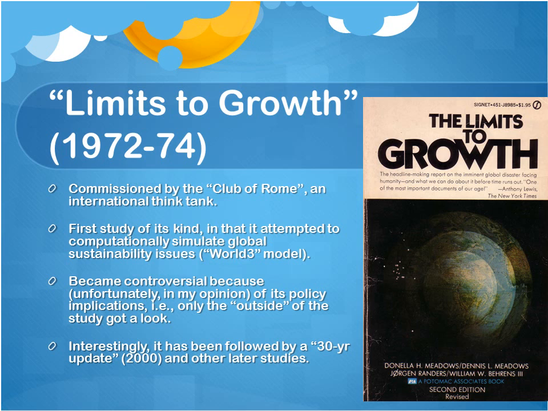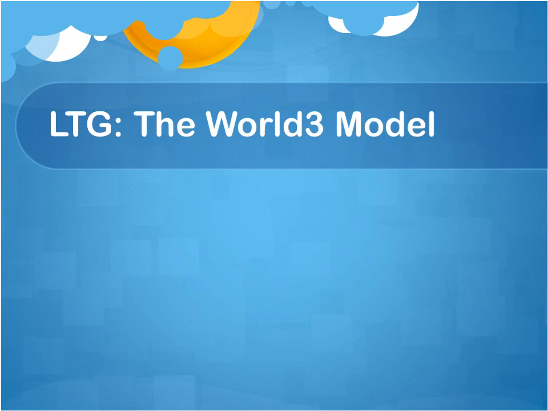So I want to talk briefly some more about the World 3 model, because it's really the kind of tool that we're going to be looking at. We're not going to be simulating the whole world.